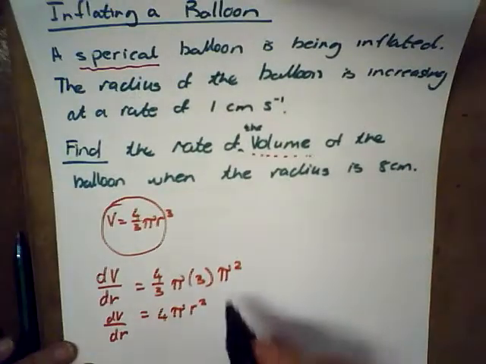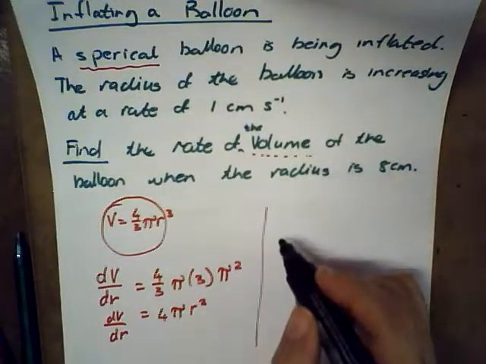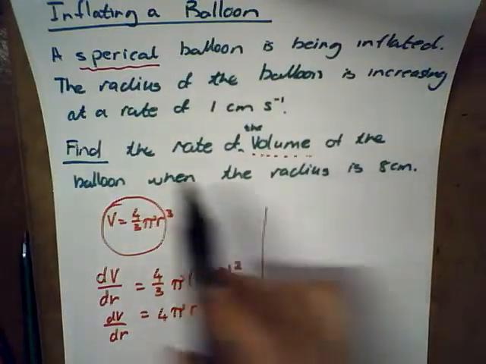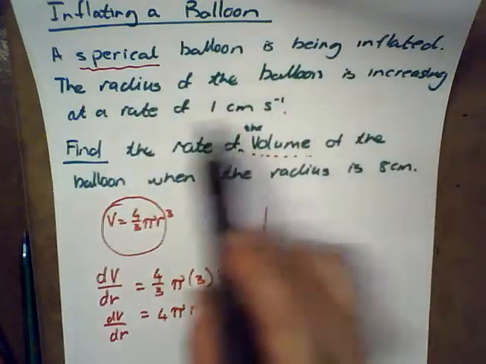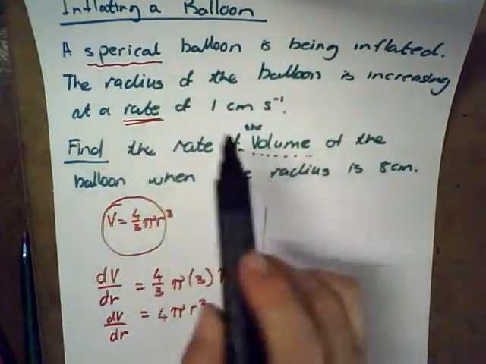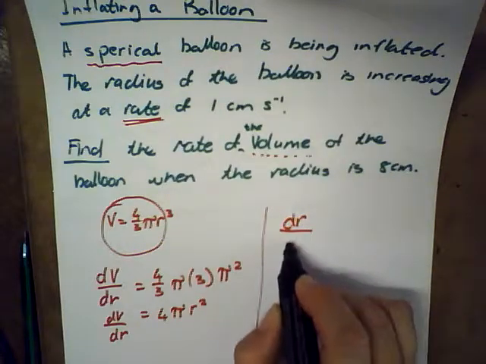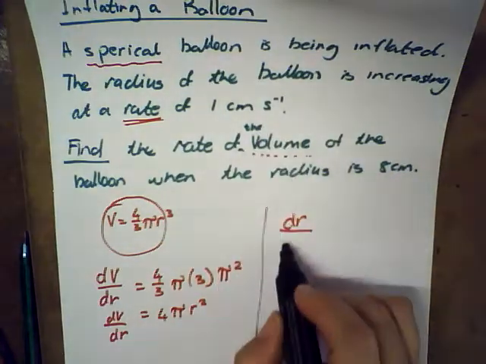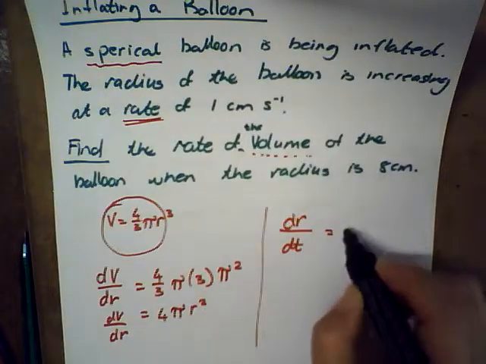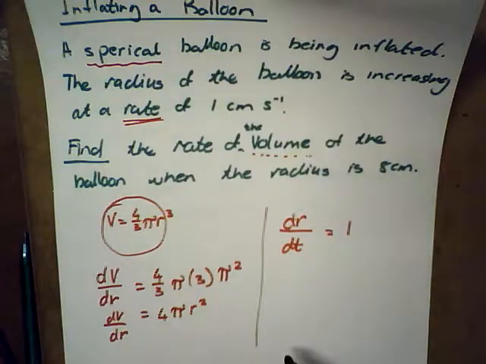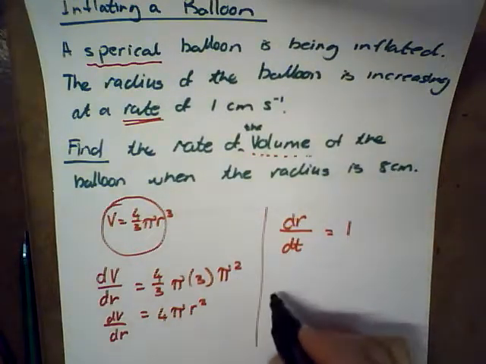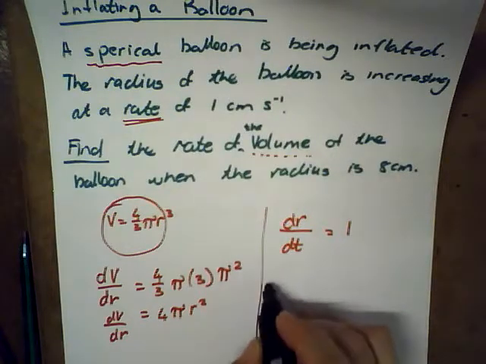Good. So now, what are some of the givens? The radius of the balloon is increasing at a rate. It is the radius, so it would be dr/dt, because it's per second, would be 1. Okay, now what do they want me to find?